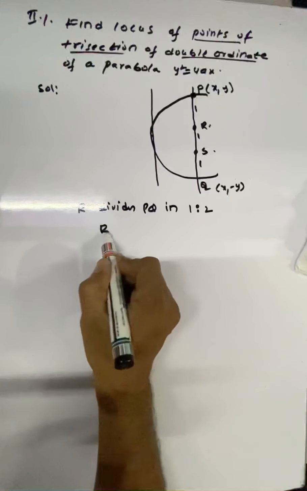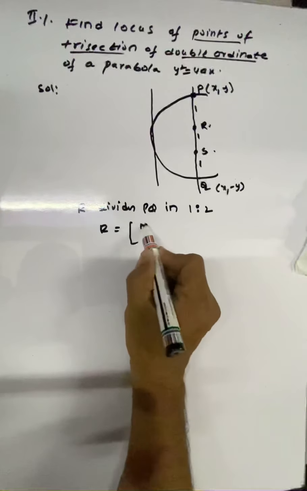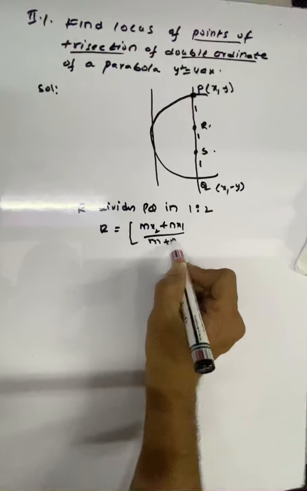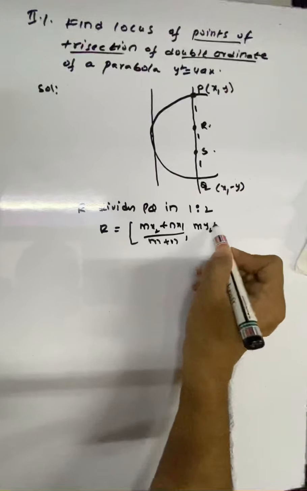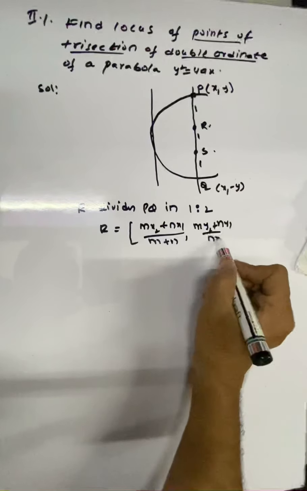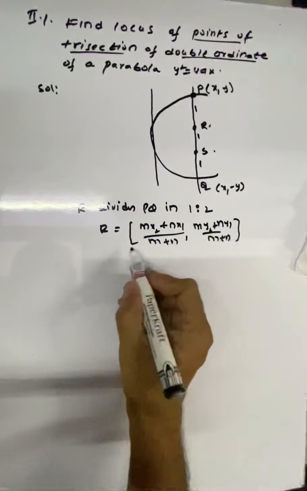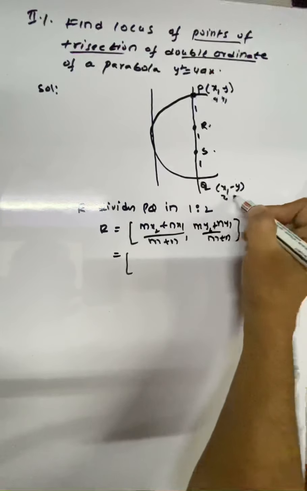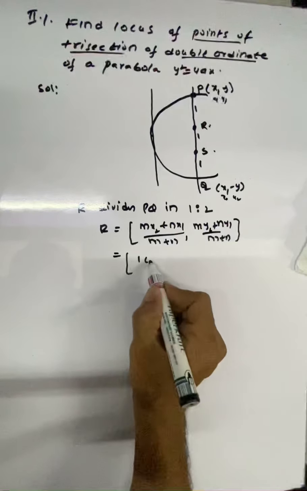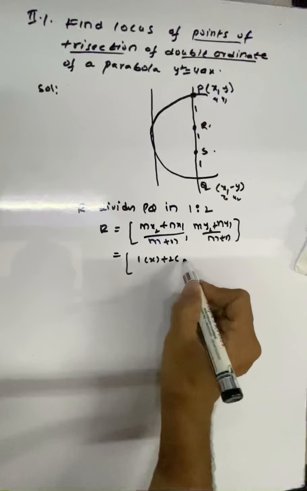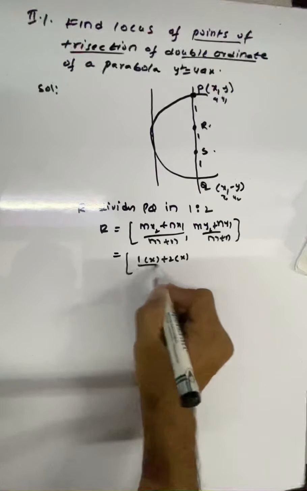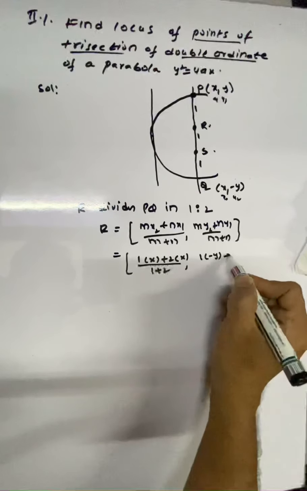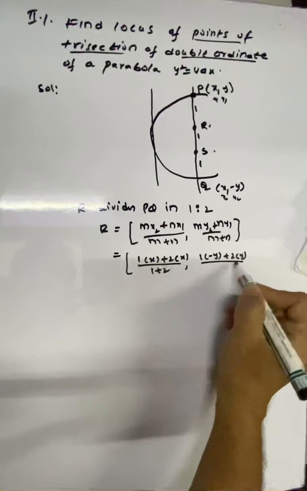So the section formula we have to consider is internal: mx2 plus nx1 by m plus n, comma my2 plus ny1 by m plus n. Now m is to n is there. x1 y1 and x2 y2 are the endpoints.